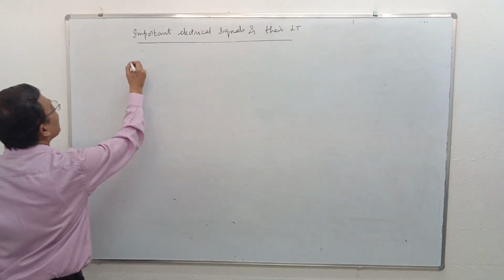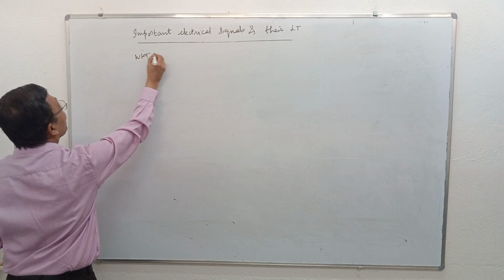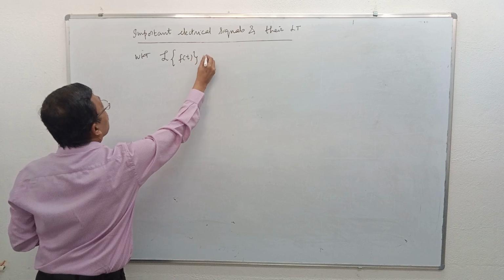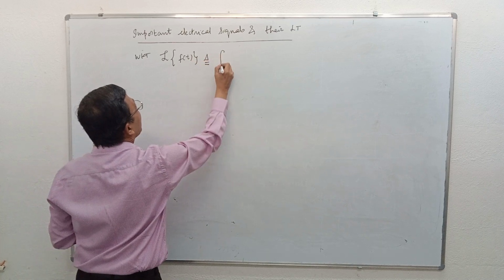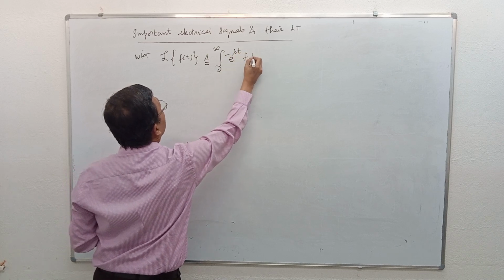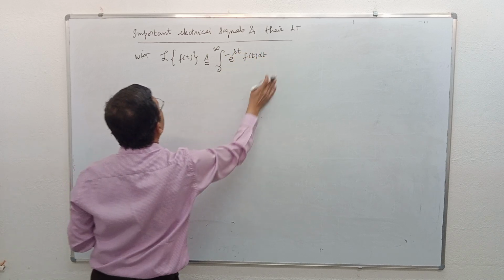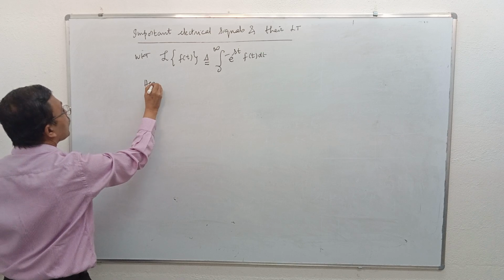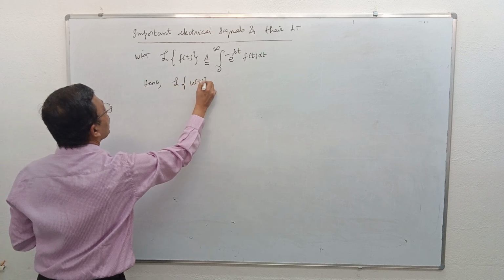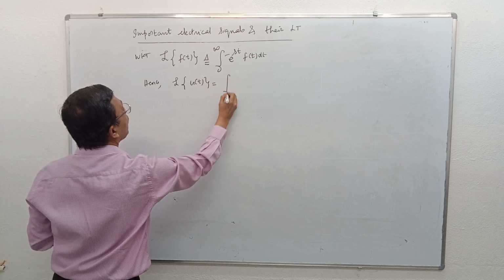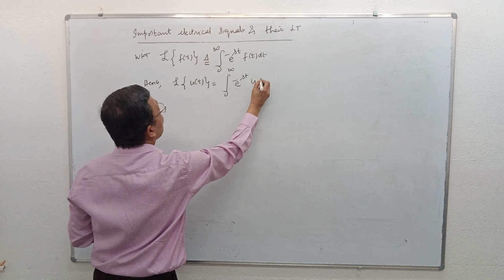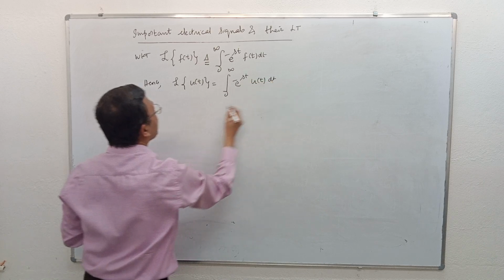We know that Laplace transform of f of t by definition is integration 0 to infinity e to the power minus st f of t dt. Hence, Laplace transform of u of t is equal to integration 0 to infinity e to the power minus st u of t dt.